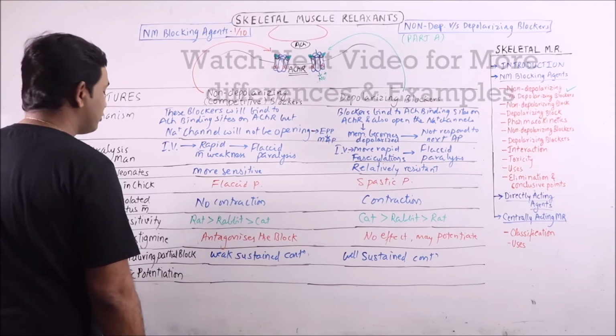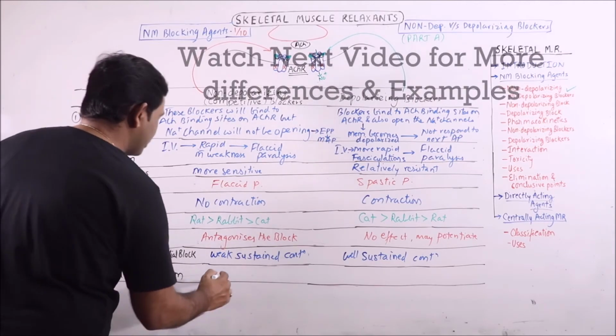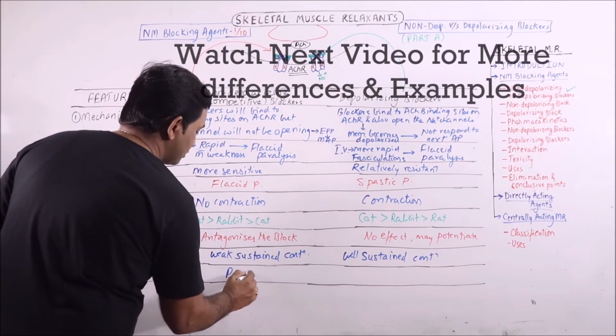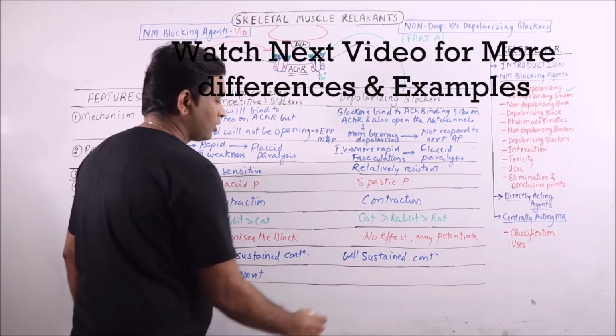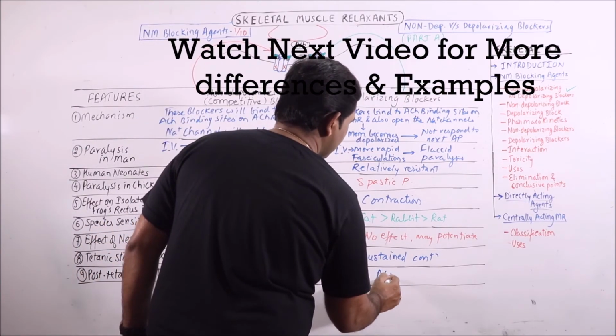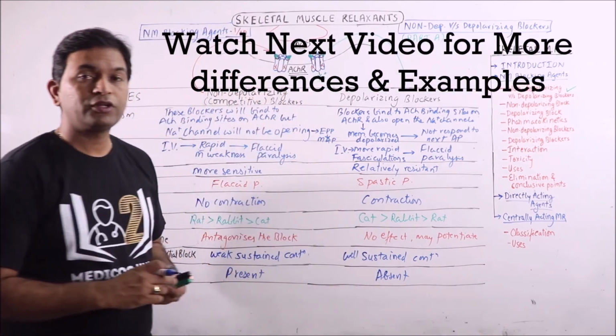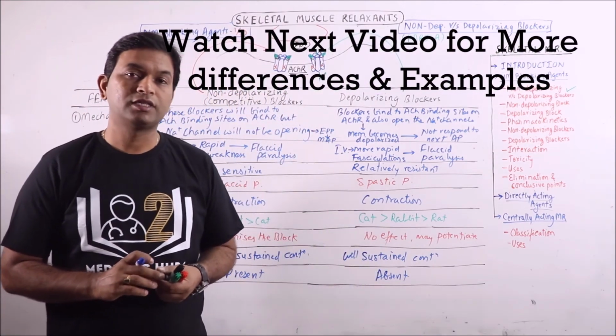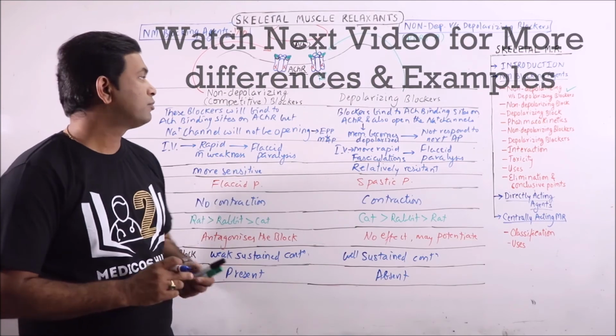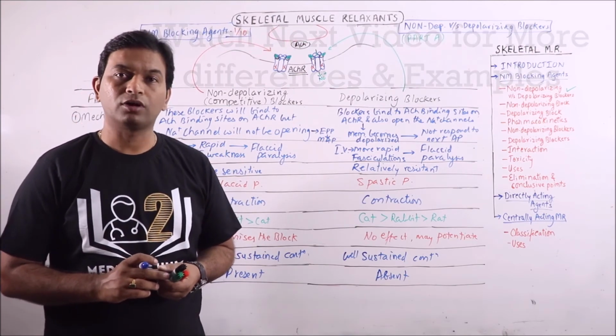In case of non-depolarizing blockers, post-tetanic potentiation is present, while here post-tetanic potentiation is absent. In next video, we'll discuss some more differences in the examples of non-depolarizing and depolarizing blockers.